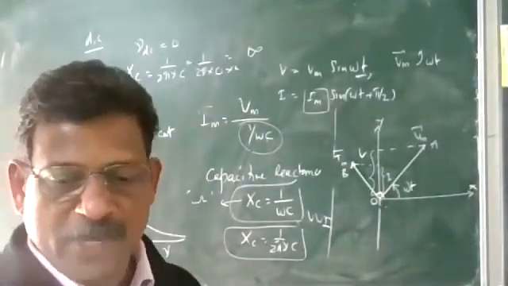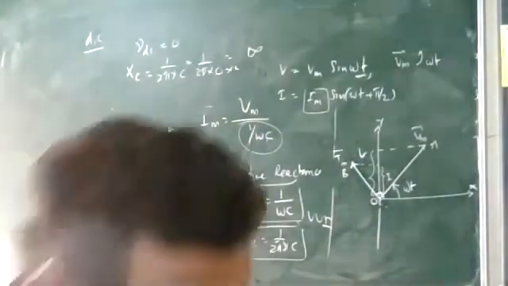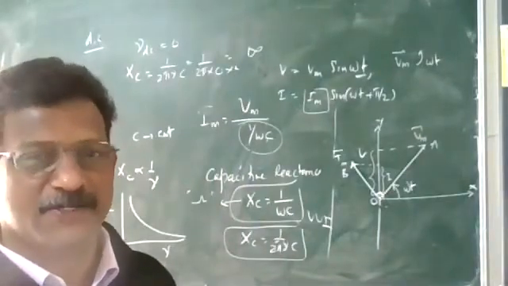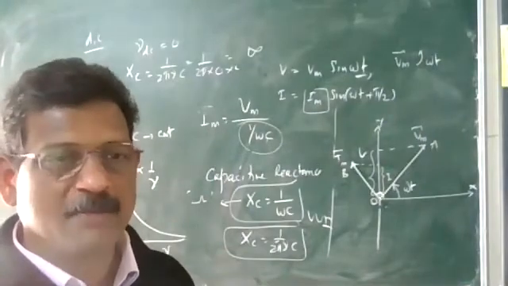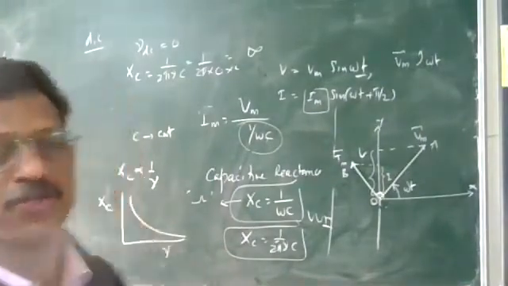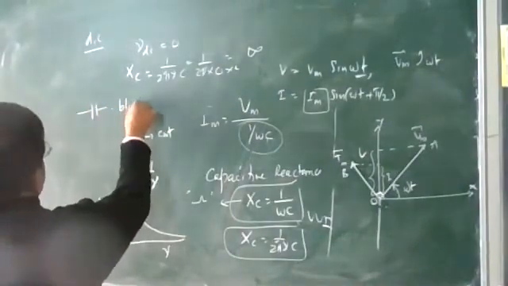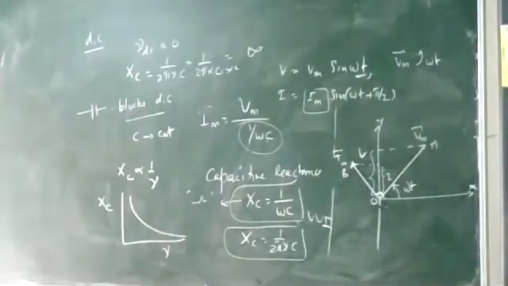So the capacitor offers infinite resistance to DC current. The capacitor blocks DC. Very important. Why? Because for DC the frequency is 0, so it offers infinite resistance.